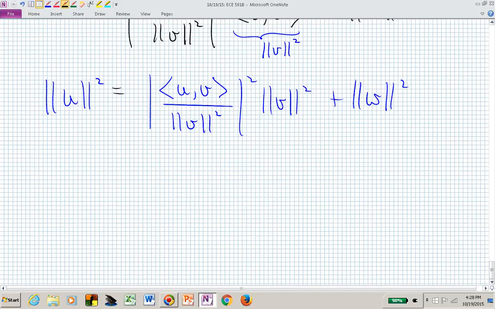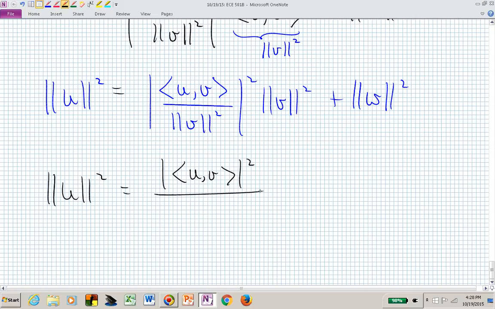We can cancel two of those norms of v in the denominator, and just have one norm of v term in that rightmost term on the right-hand side of that equality. We have 4 in the bottom and 2 up top. Let's just keep 2 downstairs, so that now we have the norm of u squared is equal to the absolute value of the inner product of u and v, squared, over the norm of v squared, plus the norm of w squared.